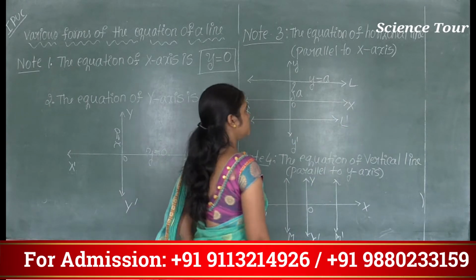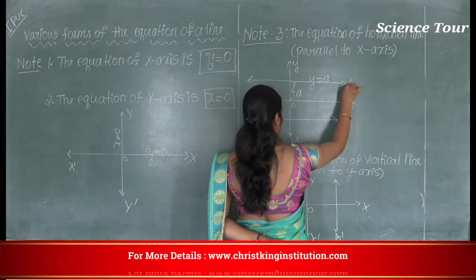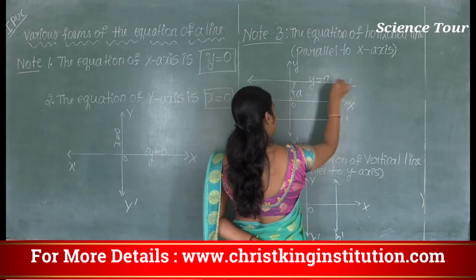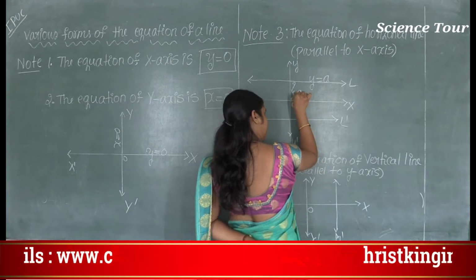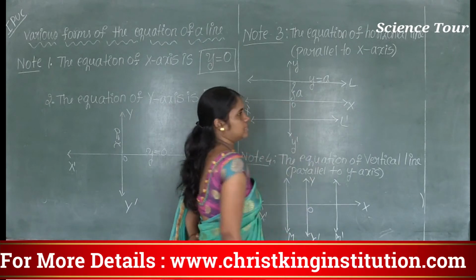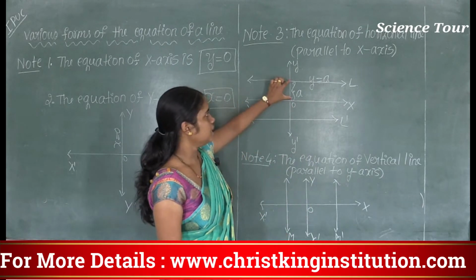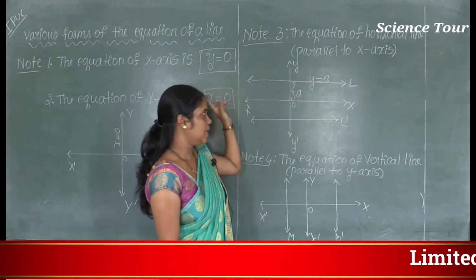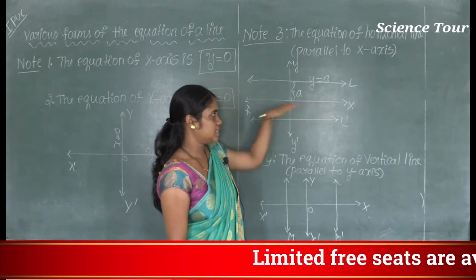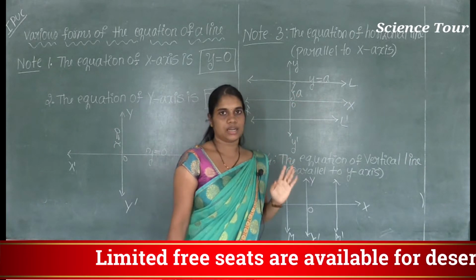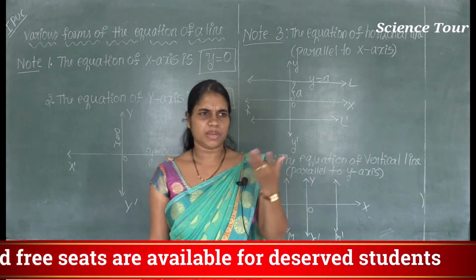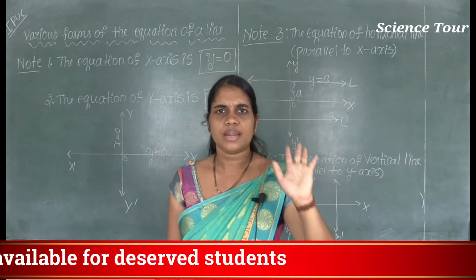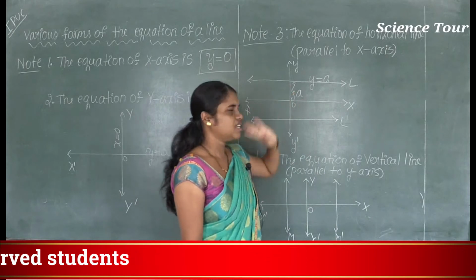So first we will consider the line L. This line L will be at a distance a from the origin. That means the perpendicular distance of this line L from the x axis is a. A may be any number, it may be 6, 3, 4, 5, any one number. Randomly I consider it as a.